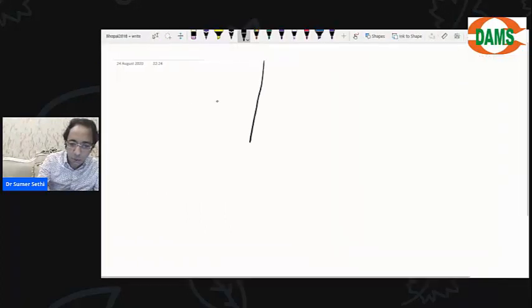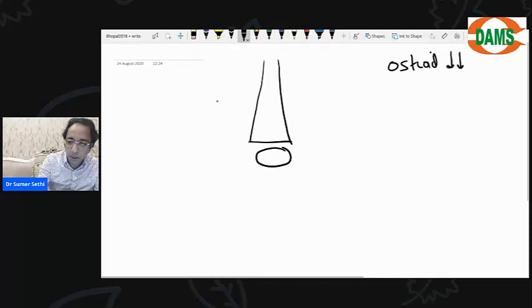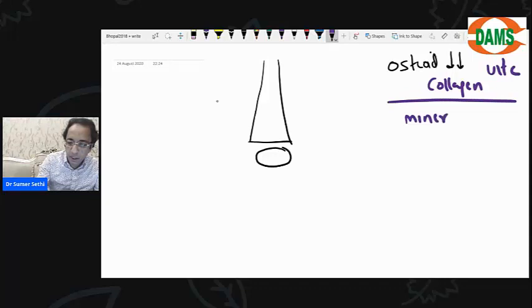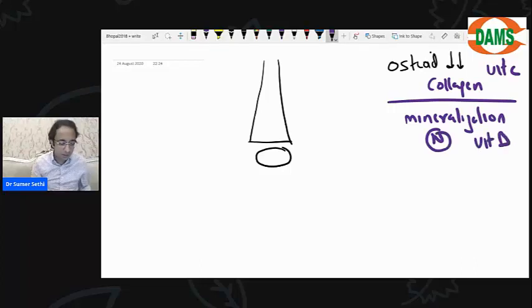So this is your bone. Okay, and I told you that in scurvy, what is happening is osteoid production is less because of problem in collagen, which is because of problem in vitamin C. But mineralization is okay because mineralization is dependent on vitamin D. So because the osteoid is less, the bones will be thin and gracile.